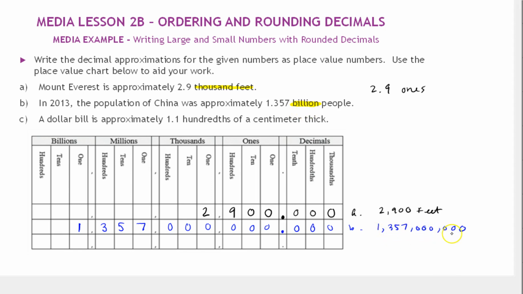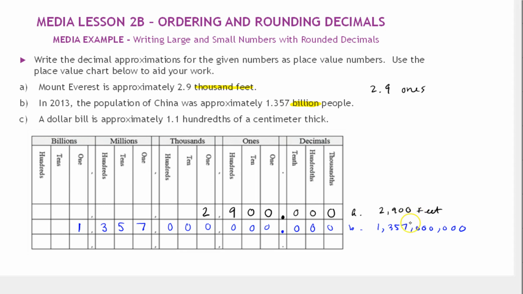Because this is a really large number, it takes up a lot of space, so it's easier to write it this way. And when you start thinking of things like distances in space that are trillions, or word names that I don't even know, really, really far, the numbers get really, really large, and we don't want to write a lot of zeros, so we just put the place value and use a decimal.